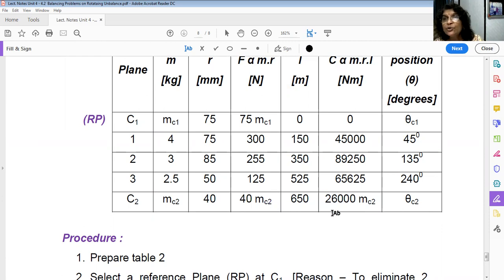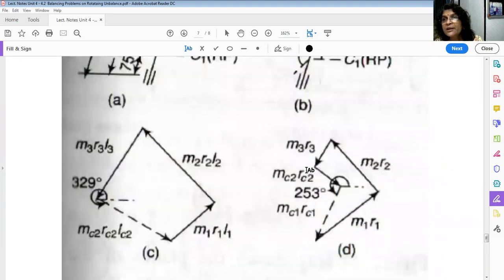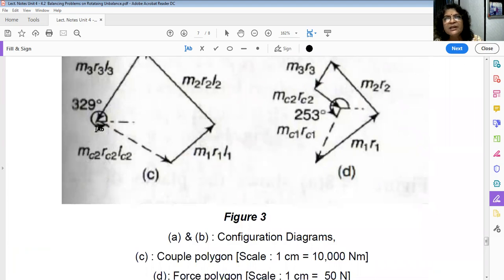So from here, you are now at point number 3. From here, you have to draw the vector along this direction. You already know this one, so draw a line parallel to this line. Or you know the answer, it is 329 degree, no?